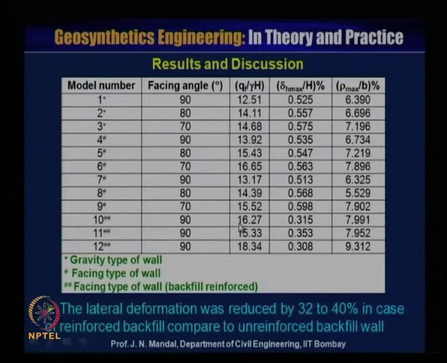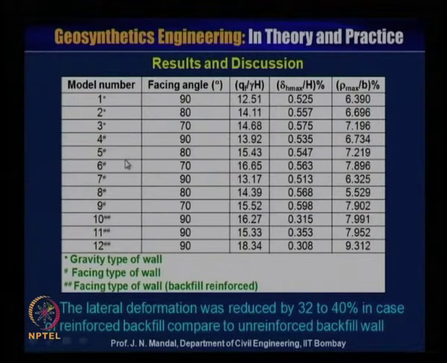So, we have Q_F by gamma H as 16.27, 15.33, 18.35, delta max values 0.315, 0.353 and 0.308, and rho max by B percentage 7.991, 7.952, 9.312. So, you can see the different types of models, different facing angles, the gravity wall, only facing type of wall, and facing type with the backfill.